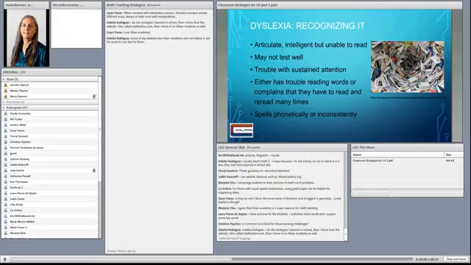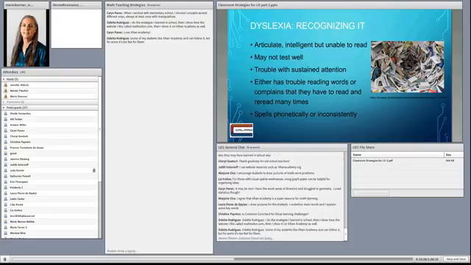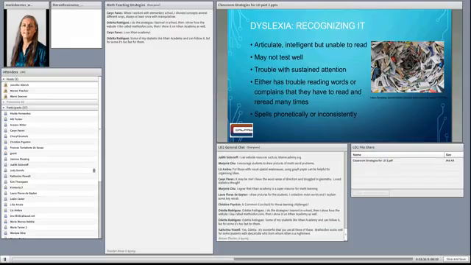Dyslexia means trouble with reading, and that trouble could come in actually four different ways. I think CALPRO has reading trainings. Either the trouble is with reading the words, which means it could be a decoding problem, and they complain they have to read and reread many times.